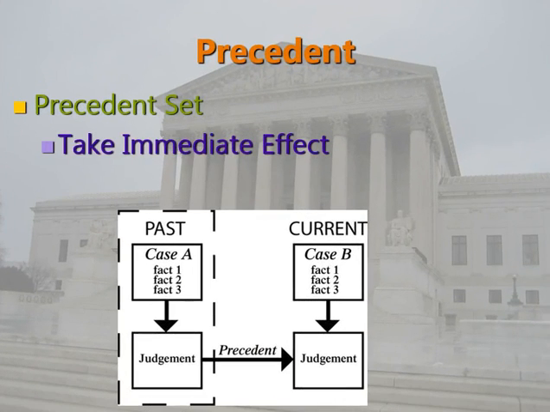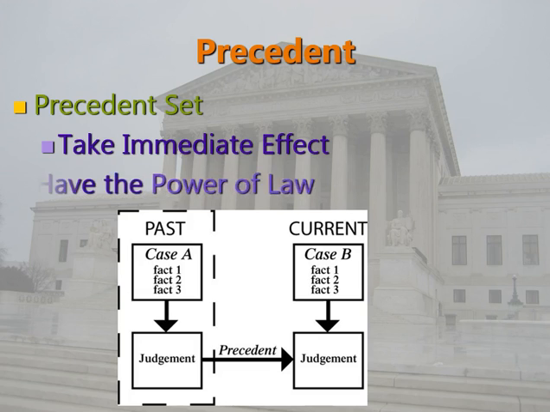If past case A has facts 1, 2, and 3, and those same facts are identical in case B, then the judgment that we use for case A should also be used for case B. We should decide cases that are exactly the same in the same manner. Once a precedent is set, it has the immediate effect of law. So the new interpretation, the new precedent is as if Congress had passed a new law, or as if the government passed a new law.